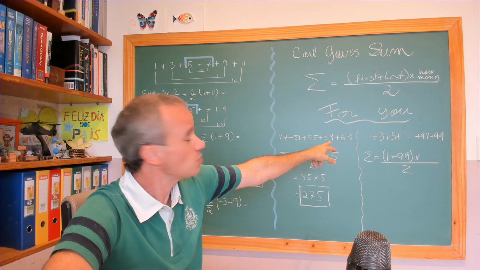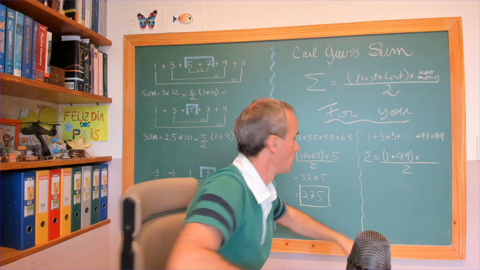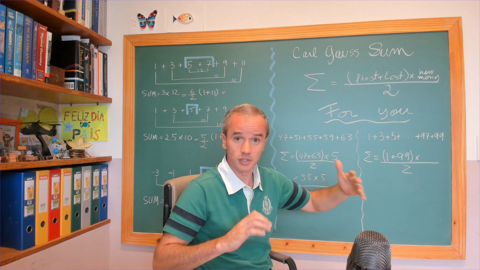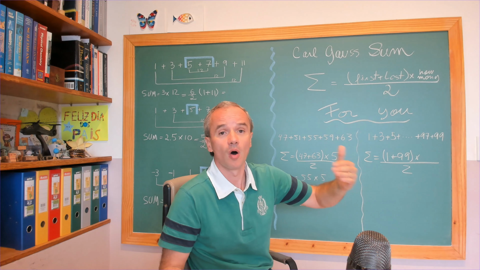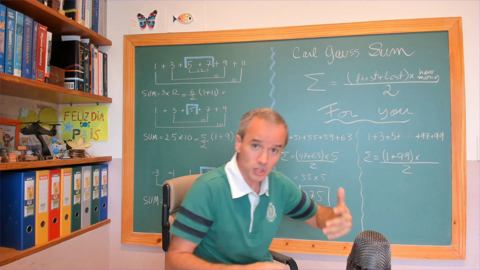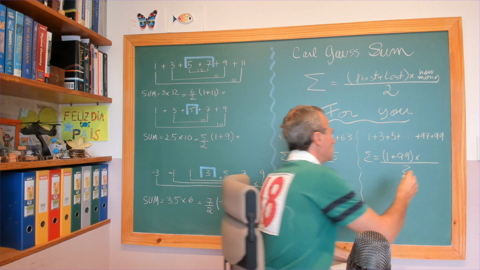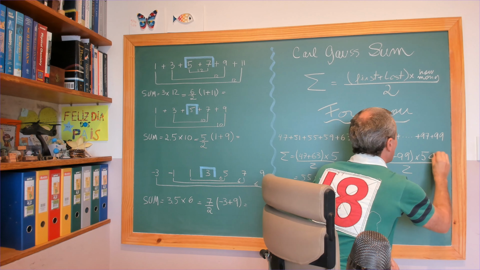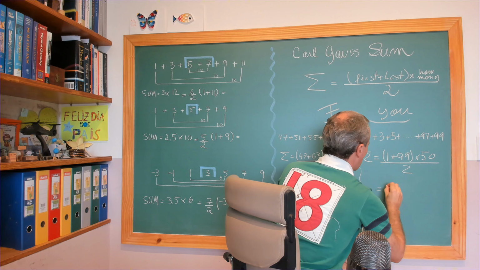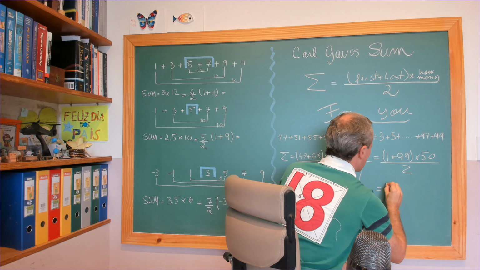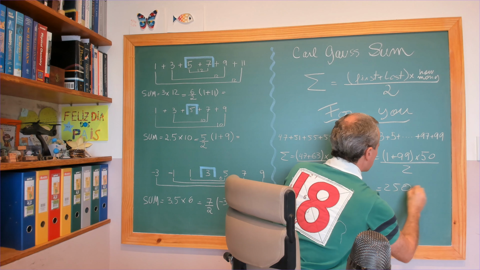So I should have 50 terms. Again, from 1 to 100, there are 100 numbers. But I'm only taking the odd ones, which are half this amount. So this is 50. So this is going to be 100 times 25, agree? 100 times 25, so 2500.